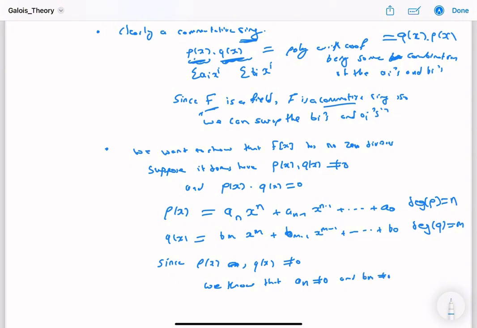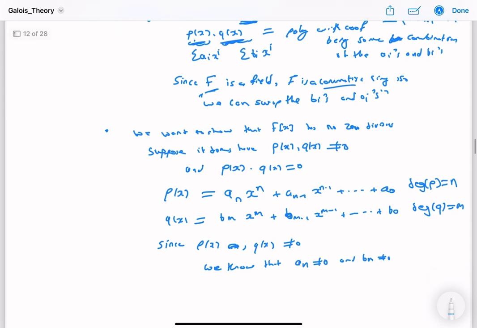This we know for sure, because the way you get the degree of a polynomial is by looking at the index of the highest non-vanishing coefficient. Anyways, so this is what we have. We have that a sub n and b sub m are not zero, right? And now comes the importance of the assumption that F is a field.